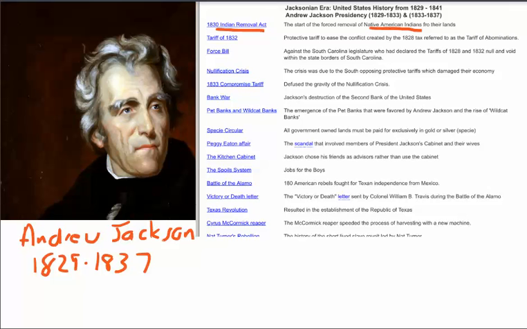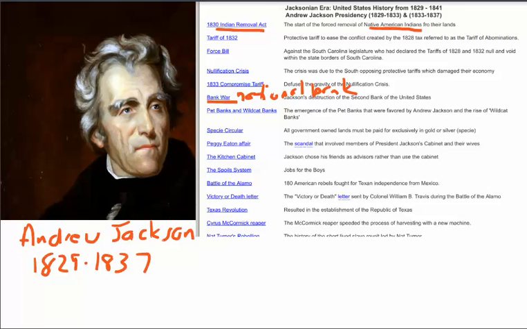Andrew Jackson is well known in the history books for his hatred of the National Bank, which had existed since George Washington's time. The National Bank was like the Federal Reserve is today. It's where the federal government keeps its money. And Andrew Jackson believed that the National Bank was an evil monopoly. So he took all of the government's money out and caused the National Bank to close.